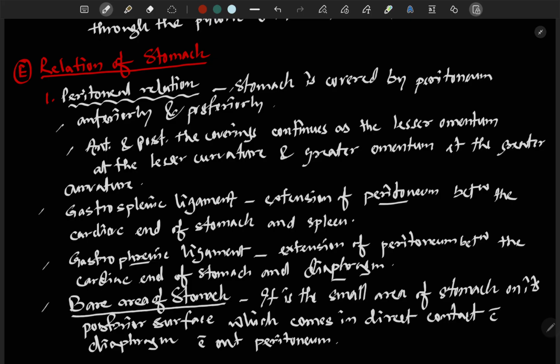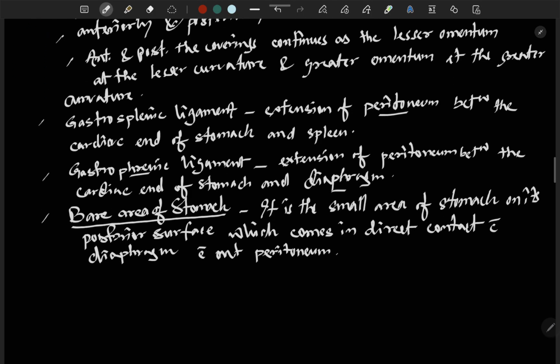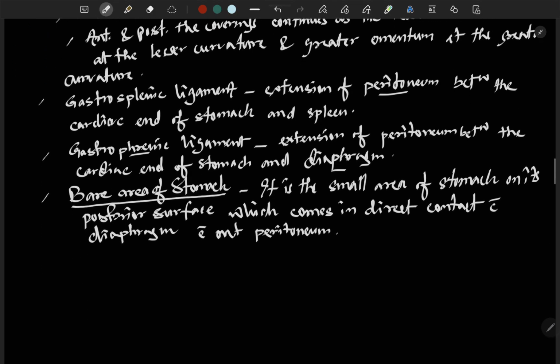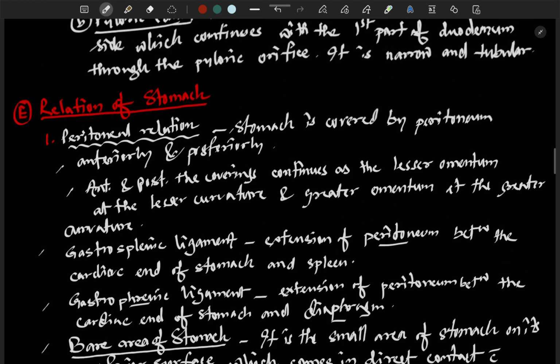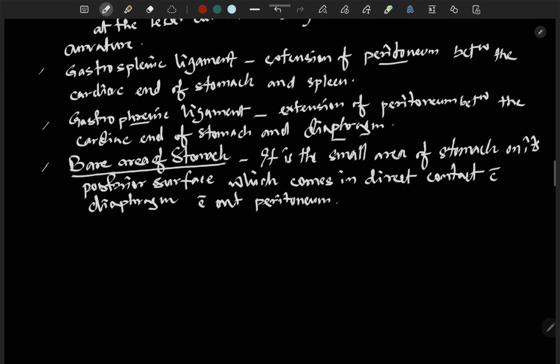That is the bare area of stomach. Okay. These are the peritoneal relations.